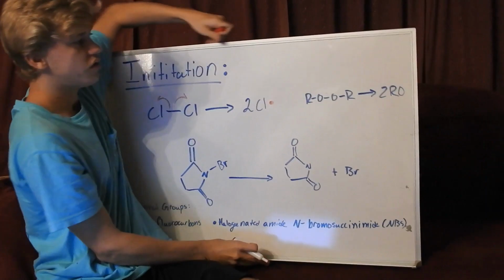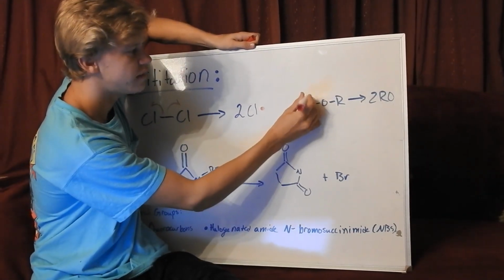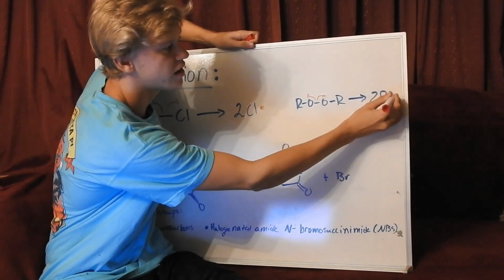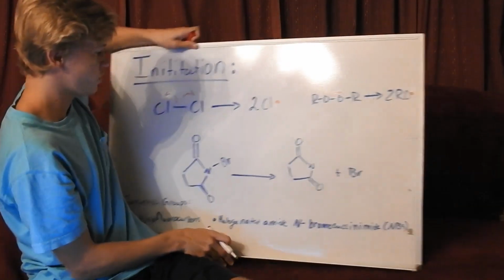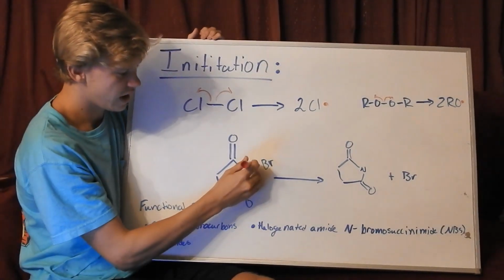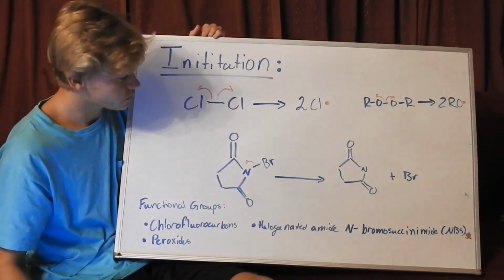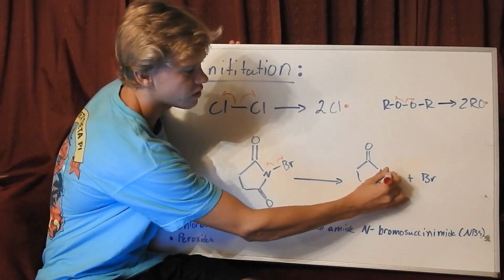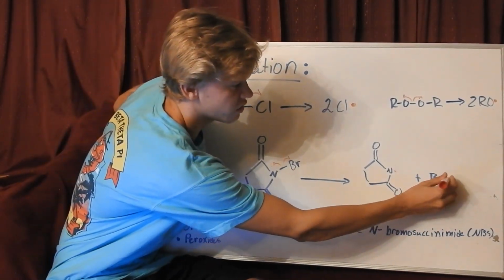And then also over here, we draw the same thing with a half arrow, and we get two RO radicals. Another example is down here at the bottom. We have the nitrogen and bromine, and we end up with a radical nitrogen, a radical bromine.